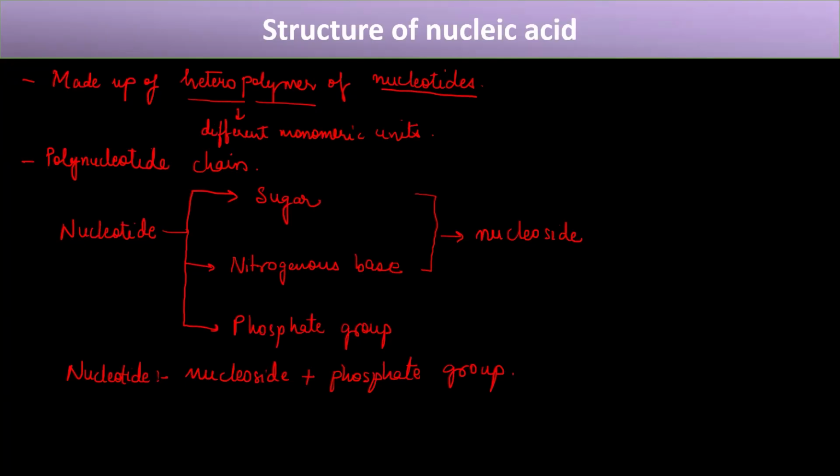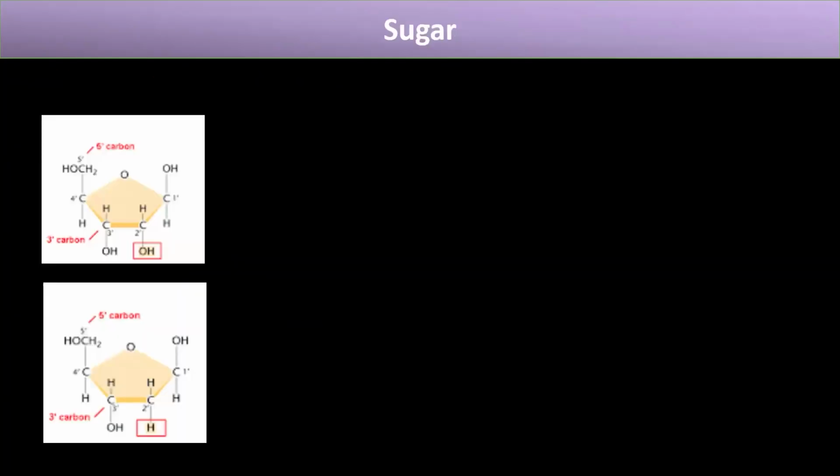Now let's study these components of the nucleotide one by one. The first component is sugar. So in the case of nucleic acid, what kind of sugar is present? Because we know that there are different types of sugar.